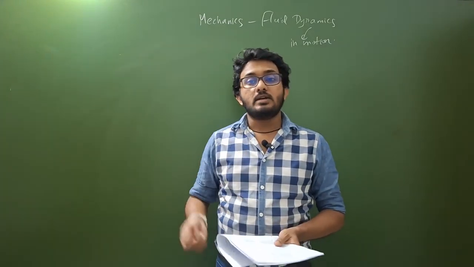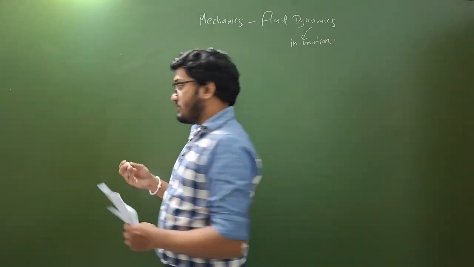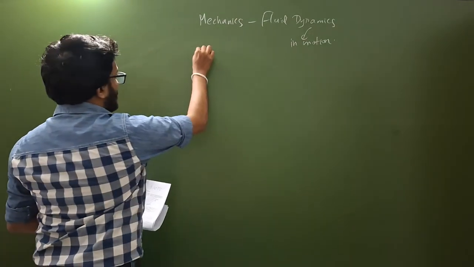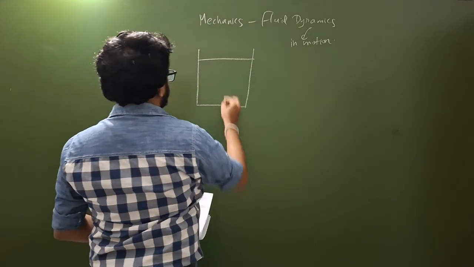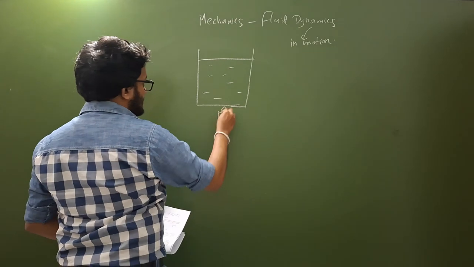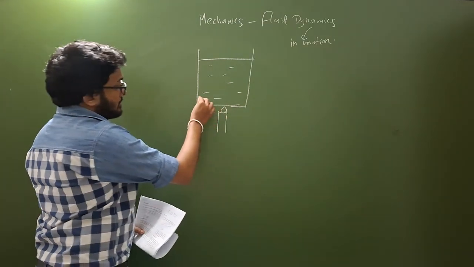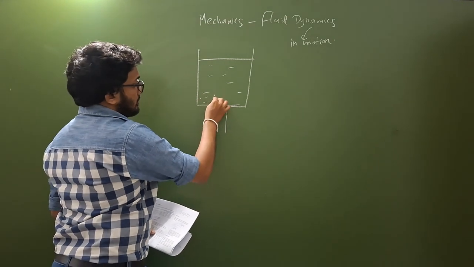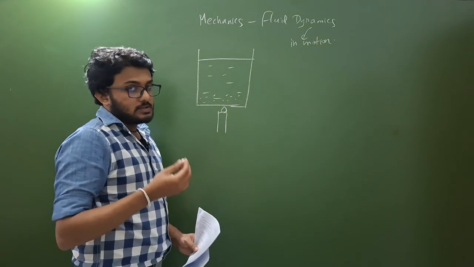For example, we can take thermal convection. If you don't know about thermal convection, let's take a vessel of water like this, and if we supply heat, initially these bottom water particles, they will absorb heat and their densities will decrease.